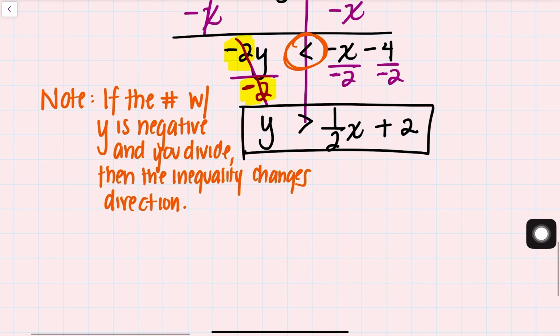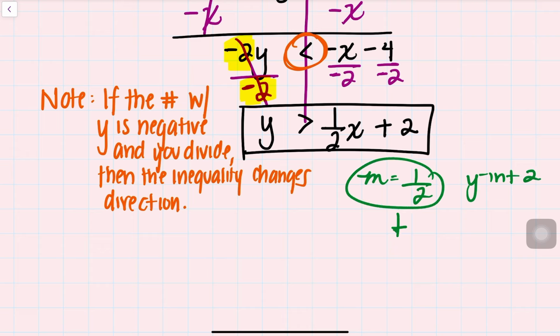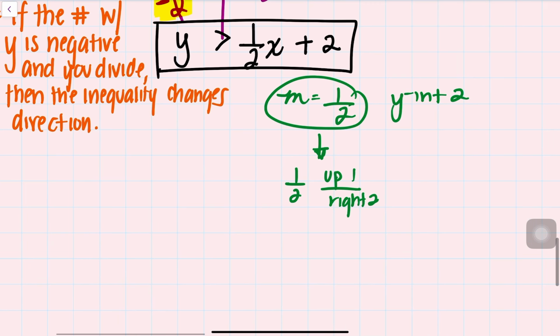So let's identify two things, guys. Slope is now 1/2, and the y-intercept is 2. Keep in mind, our slope is 1/2, which is going up 1, right 2. Or, because there's an or, I could actually go down 1, left 2.